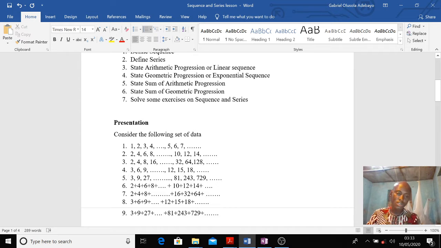Let's continue until we get 16, 18, 20, and so on and so forth. Now 1, 2, 3, 4, 5, 6, 7, 8, 9, 10. So instead of us counting to the 10th term, we can use this formula.